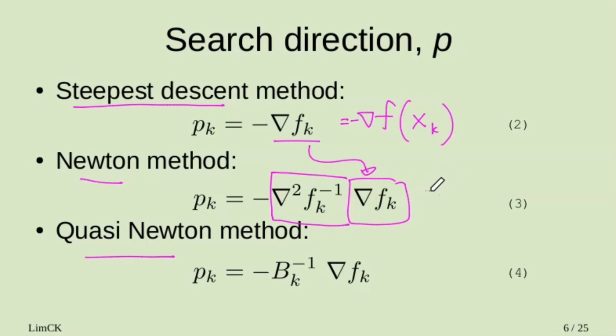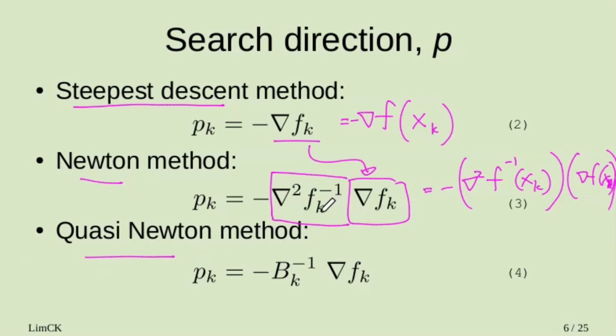This means the update is equal to negative of the inverse of the Hessian at the point xk, product with the gradient of f at xk. Okay, this is k. So this is the Newton method.